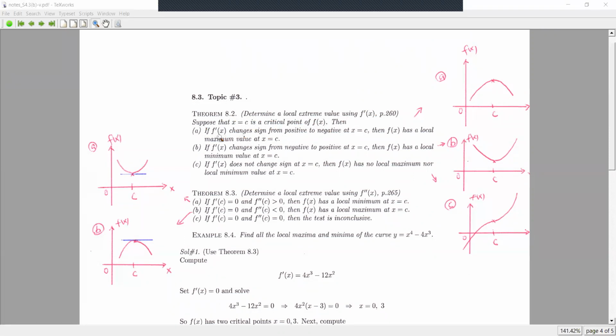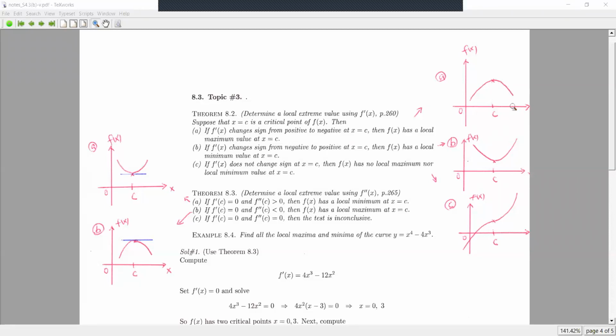If the derivative changes sign from positive to negative at the point C, in this case, on the left of the point C, the derivative is positive. Therefore, on the left of the point C, the graph of the function is increasing. On the right of the point C, the derivative is negative.